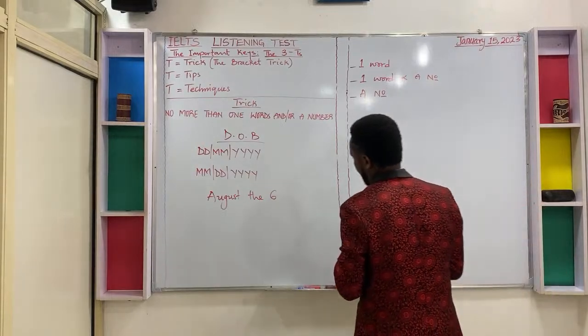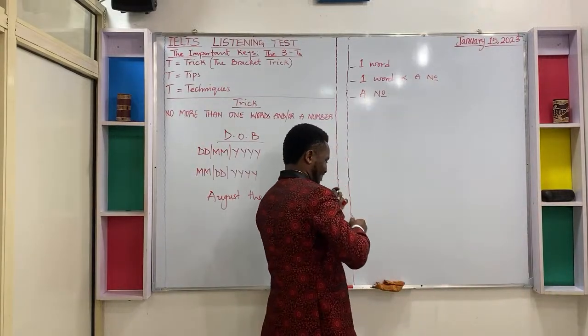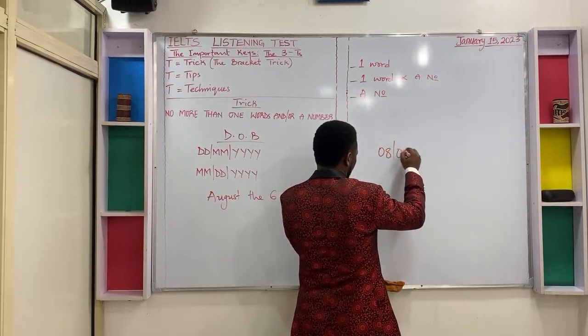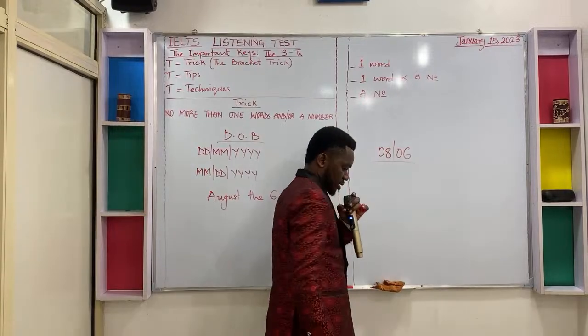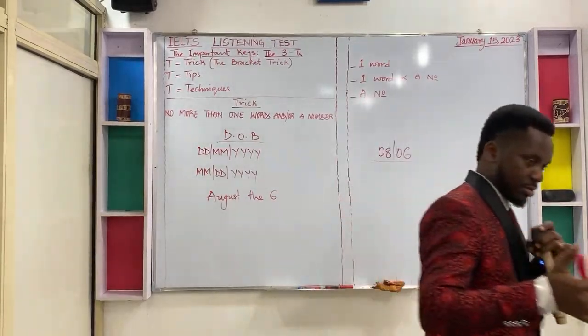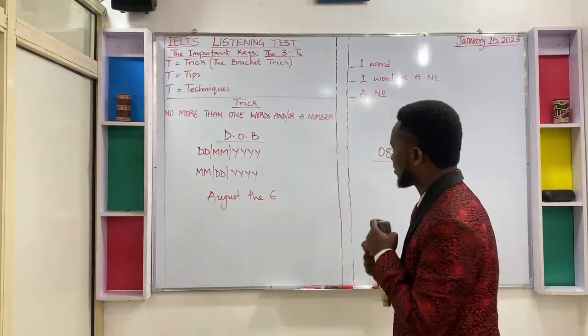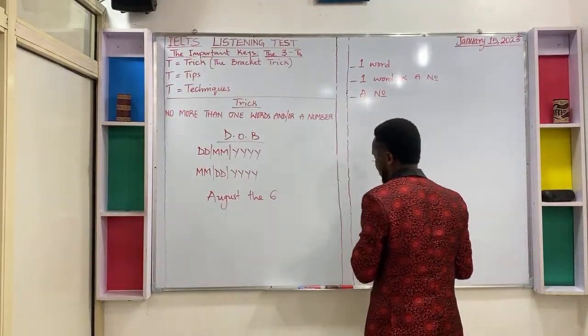August is 08, right? So it's going to be 08, 06. 0806. Nice. What would you write?